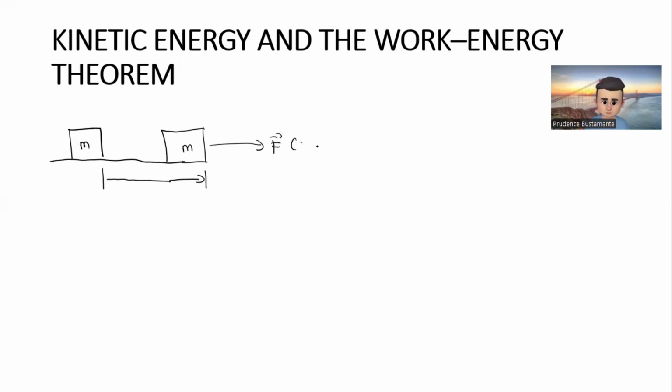So our displacement is a straight line displacement. This is our positive x, for example. Of course, it has an initial position and a final position. It has an initial speed and a final speed.